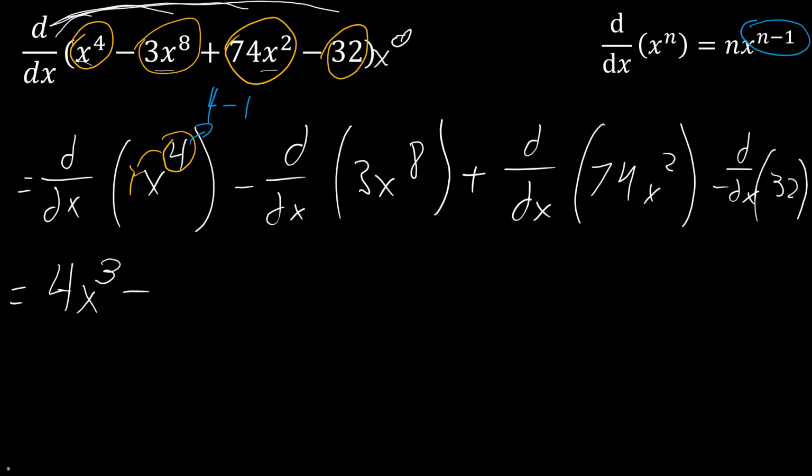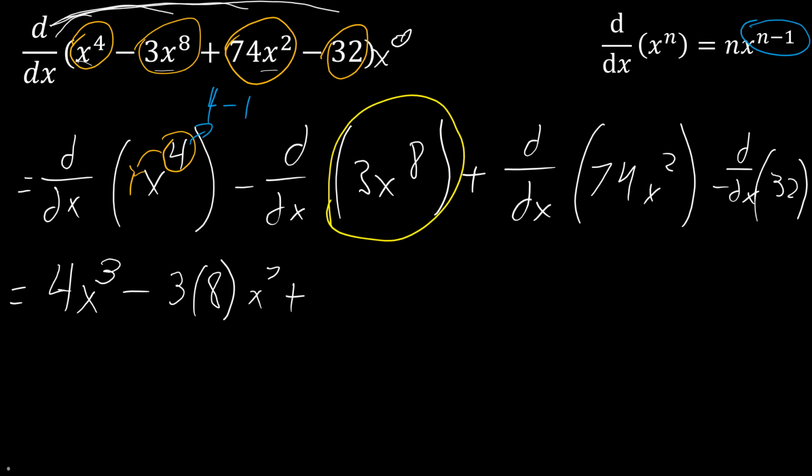And then we're subtracting, and we're taking the derivative of this expression now. That's going to be 3x to the eighth, 8 times 3, because we're multiplying. So 3 times 8 times x, and then 8 minus 1 is 7. And then adding, we have the derivative of 74x squared, so we're multiplying 74 times 2 by x, and then 2 minus 1 is just 1.